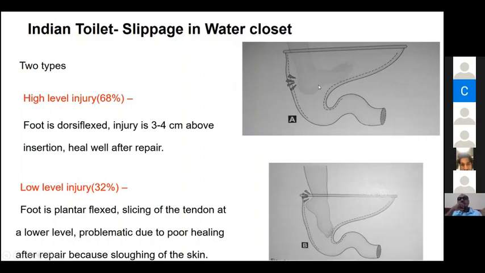Depending upon the area of injury, the high level injury or the low level injury, the foot is dorsiflexed or plantar flexed. That's how the injury happens. It is one of the very common injuries when people are using the Indian type of toilet.